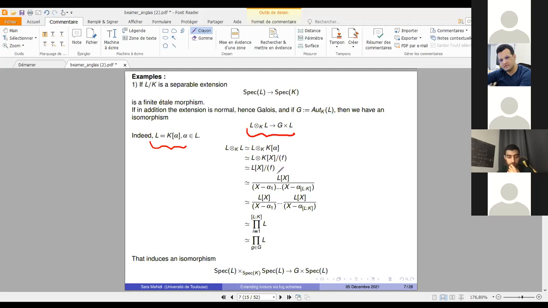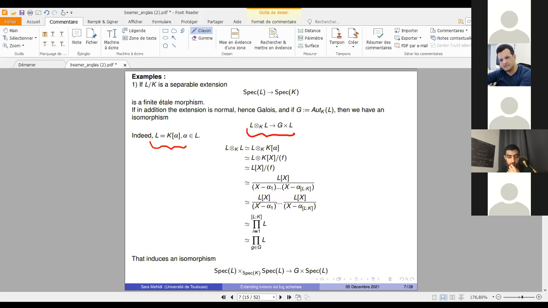Now F is a separable polynomial, so its roots have multiplicity 1, so I can factor it like this. And this is the degree of the extension, which is the degree of F. So from here to here, we use the Chinese remainder theorem. So I have the product of these rings.